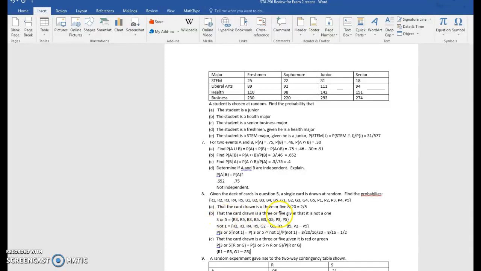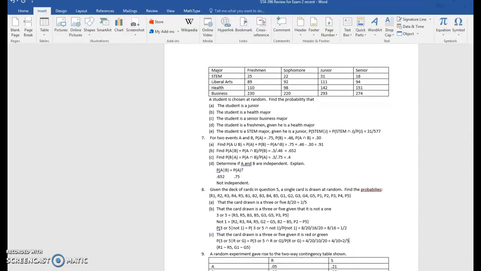So that is 4 out of 20 for our top probability. And then our bottom probability, the probability of red or green, well, there are 5 cards that are red, 5 cards that are green, so that's 10 out of 20. Again, in our fractional operations, the 20s will cancel and we'll get 4 out of 10, or 2/5.